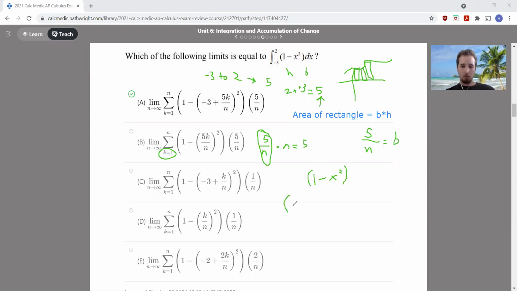So it's going to be something like 1 minus something squared, just like how we replace dx, because that's also an x, we have to figure out what to put in for x. Now we are starting from -3, right? And if we have to add up rectangles between -3 and 2, we're going left to right, right? So we're going to have 1 minus, it has to start from -3, okay?